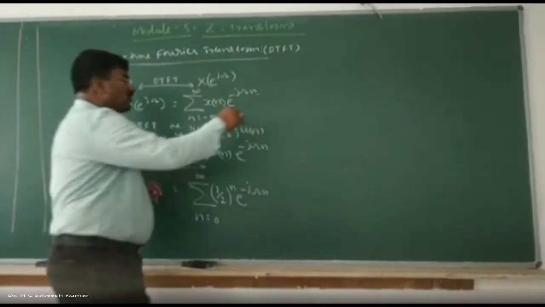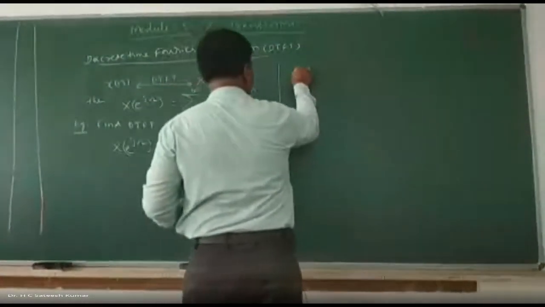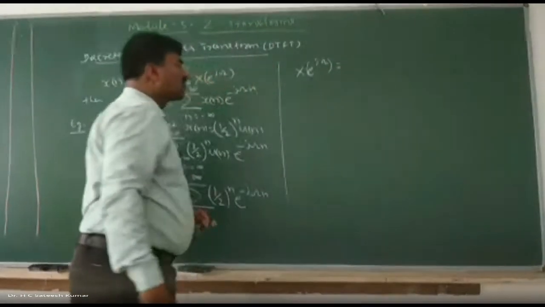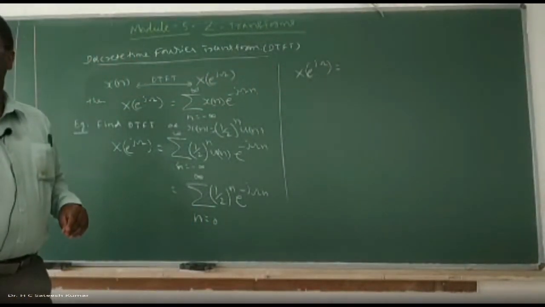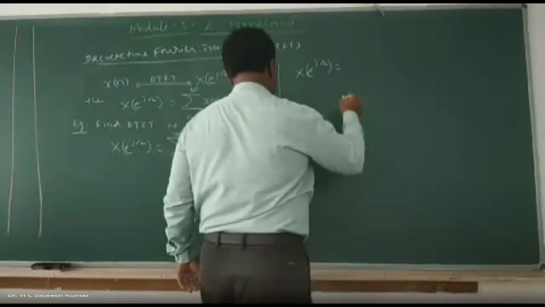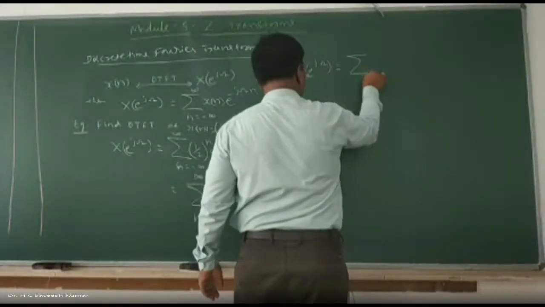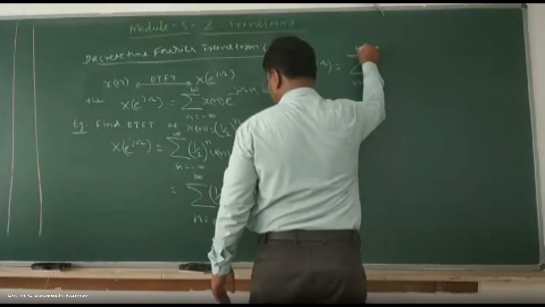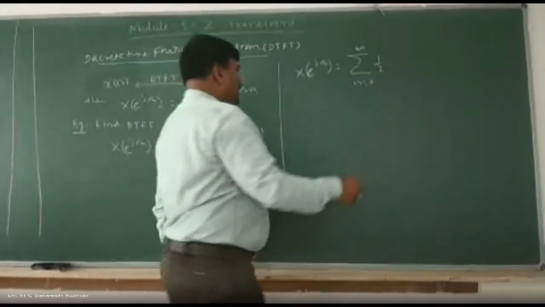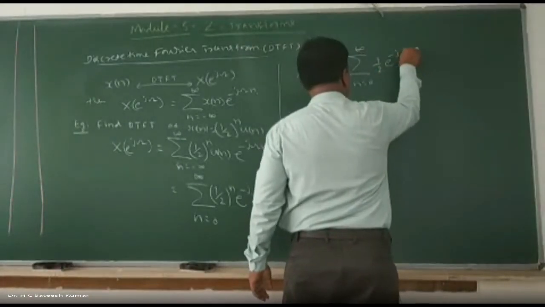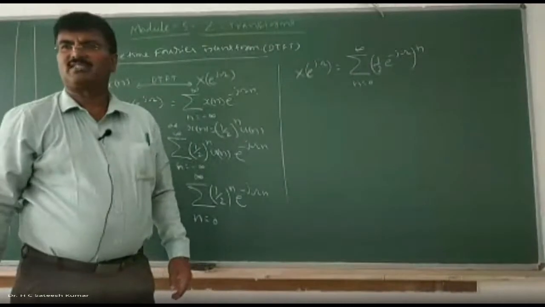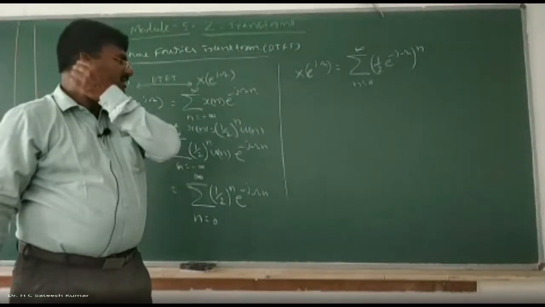So therefore, X of e to the power of j omega is equal to summation n varies from 0 to infinity, half into e to the power of minus j omega, whole to the power of n, we can write it.